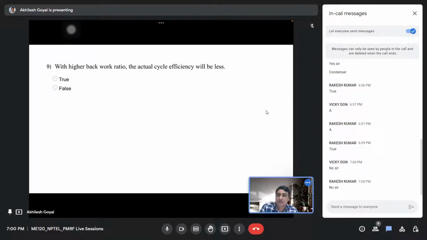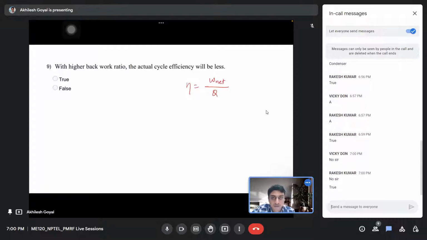The next question is, with higher back work ratio, the actual cycle efficiency will be less. So actual cycle efficiency is W net divided by heat input Q1, and W net is equal to W turbine minus W pump. Now the question is, with higher back work ratio. Back work ratio is WP by WT.